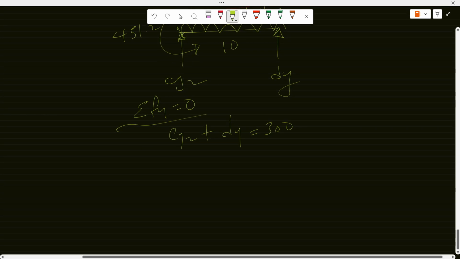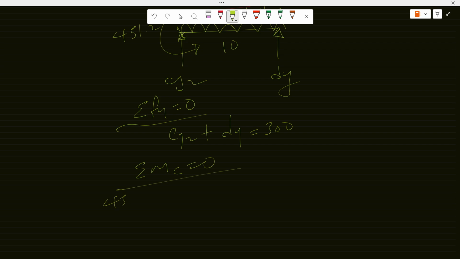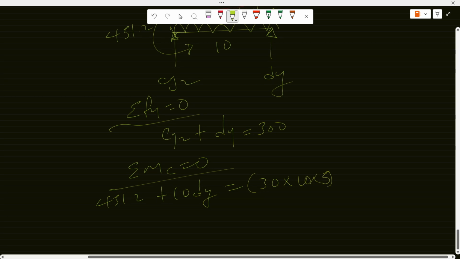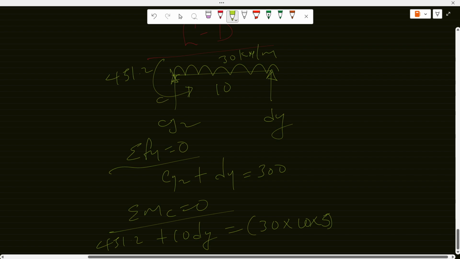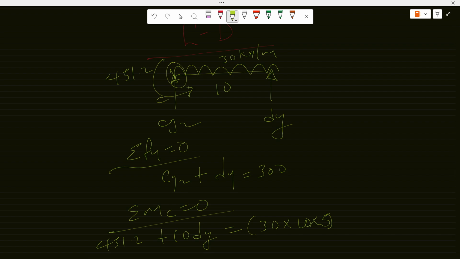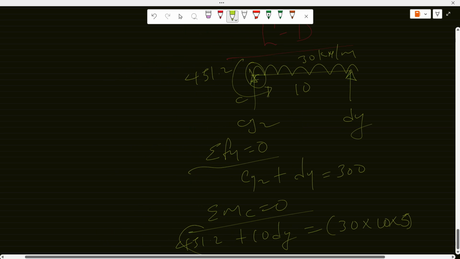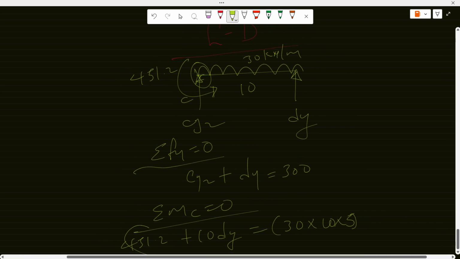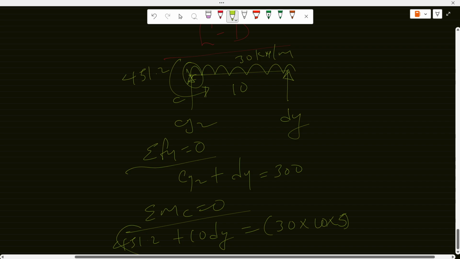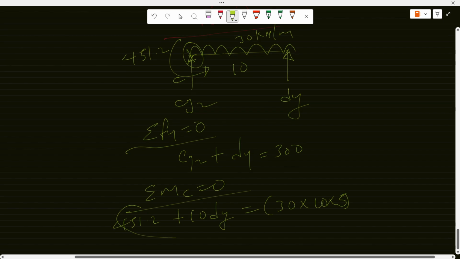And summation M_C: 451.2 plus 10 DY is equal to 30 times 10 times 5. So basically, moment about C, this is a ball, this will rotate it anti-clockwise, DY is also going to rotate it anti-clockwise, so they are all on one side. They rotate it in the same direction, but 30 comes and rotates it in the opposite direction. That is why it is on the other side.